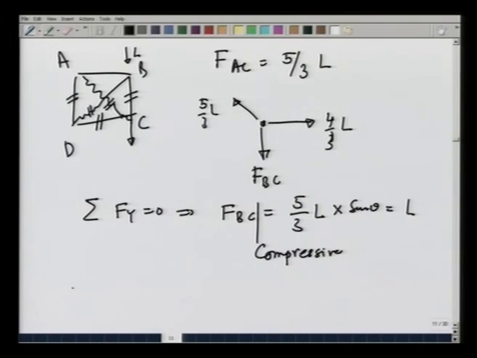Let us now look at point B. The joint B is under load L, then it is being pushed by F_BC by L. There is 0 force due to the rope, and therefore, F_AB comes out to be 0.